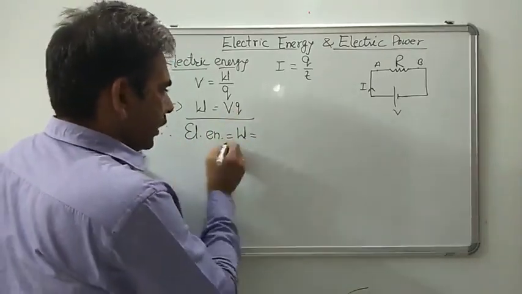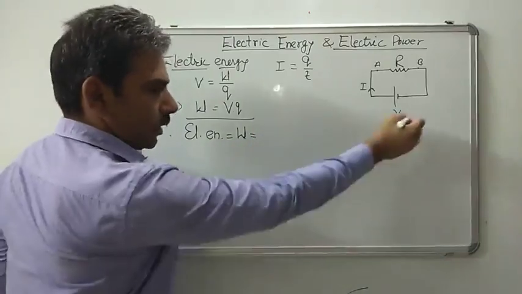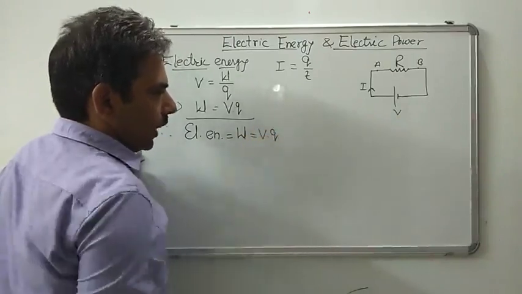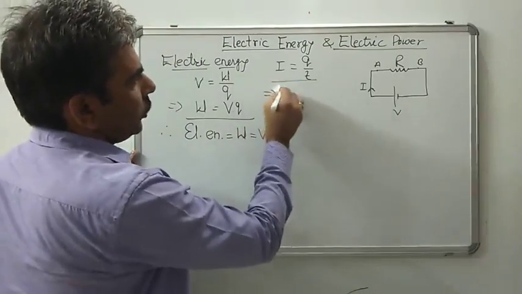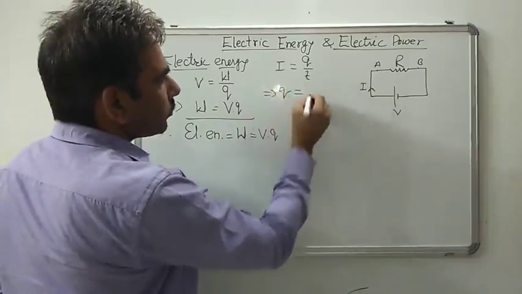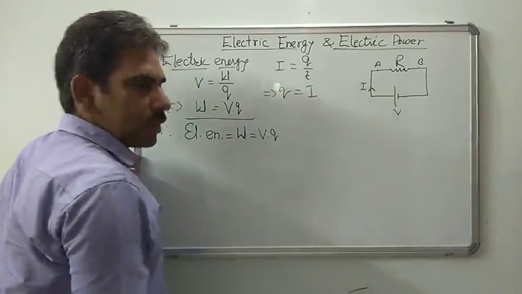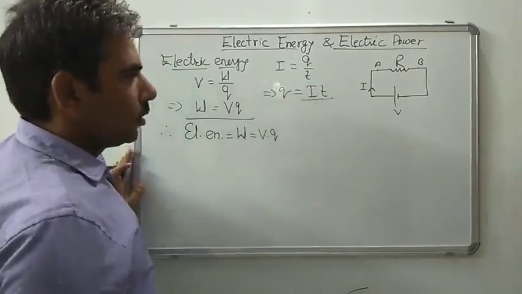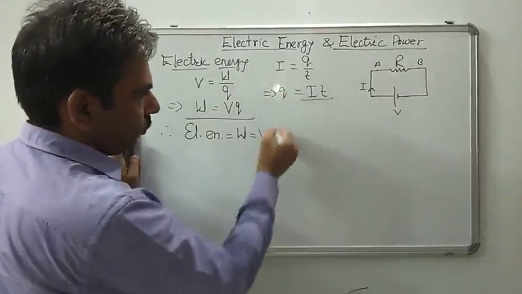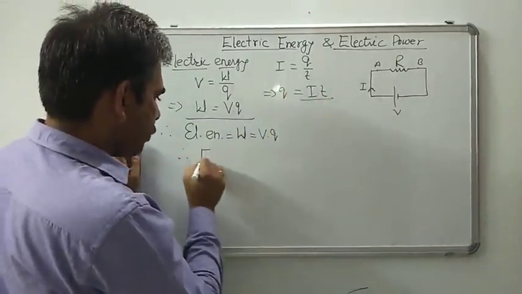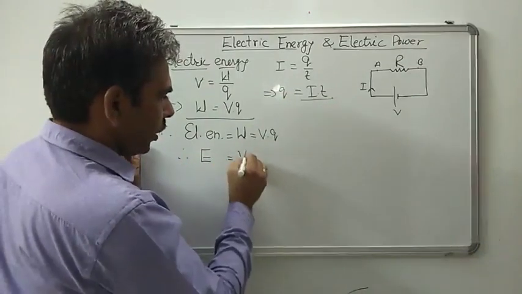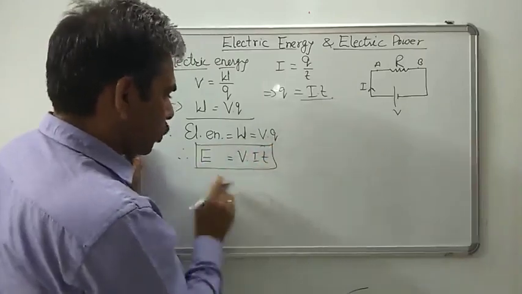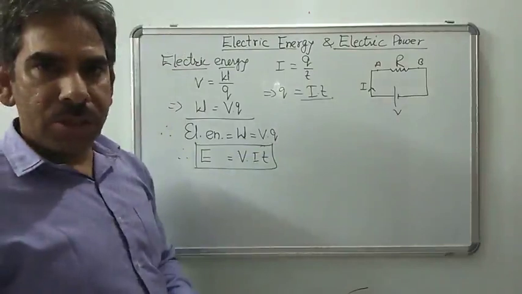So electric energy which is spent by the source or consumed in the circuit is given by V into Q. And we already know that Q is equal to I, the current which is maintained through the circuit, and t, the time for which the current is maintained. So therefore we can substitute charge Q from here. So we get the energy consumed, E, is equal to V into Q, which is V into I into t. So this is the amount of energy which is consumed or spent by the source.